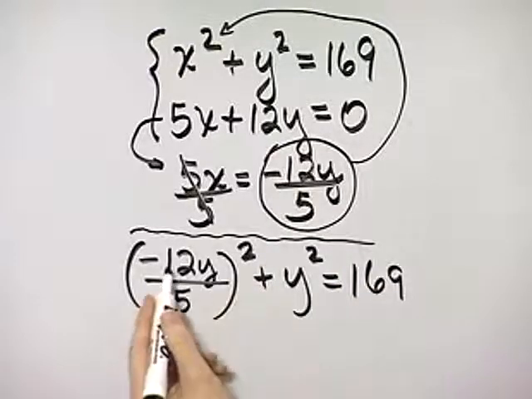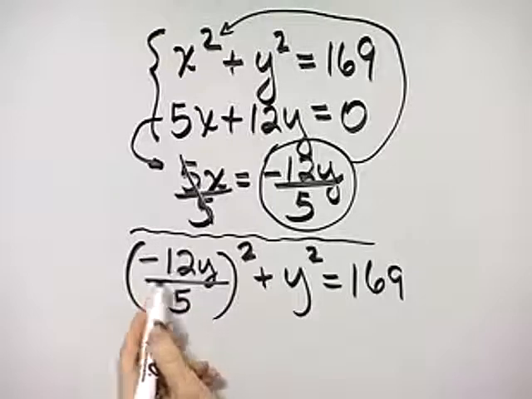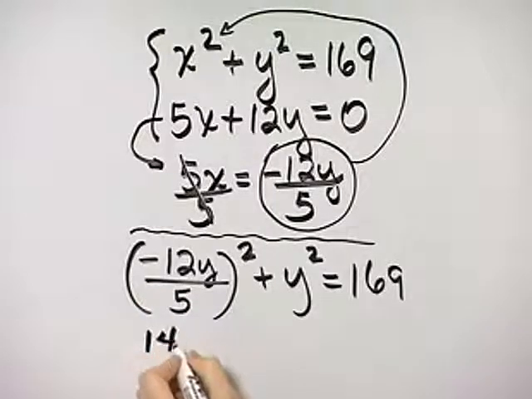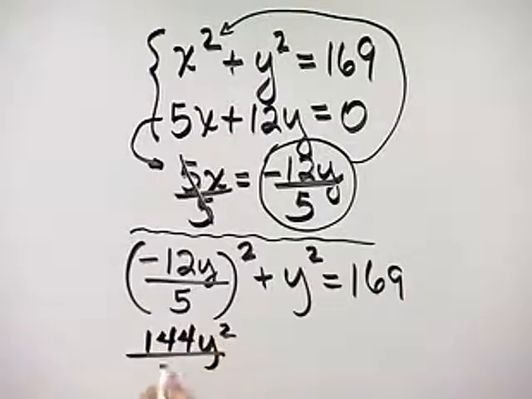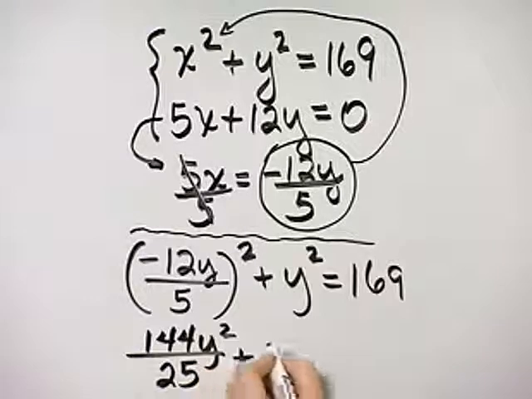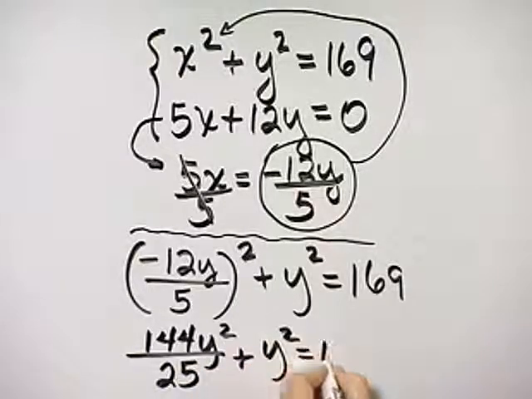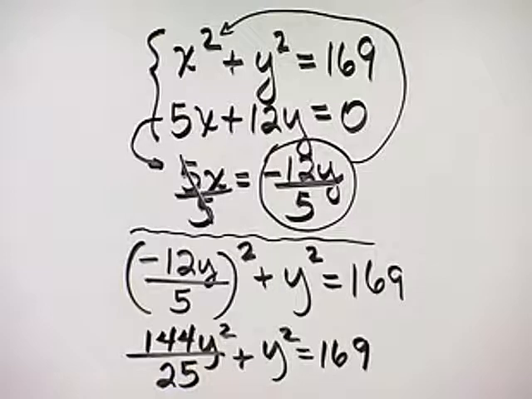If I square this, that's negative 12 times negative 12, that's 144y squared over 5 squared is 25, plus y squared is equal to 169. And it's really up to you at this point as to whether you want to deal with fractions or not. You can multiply through by 25.